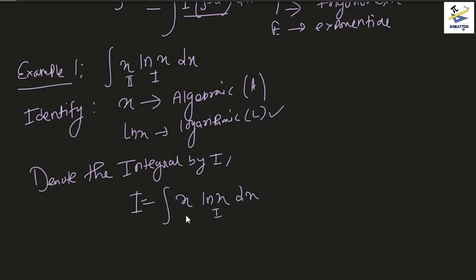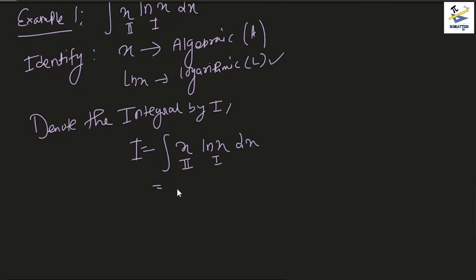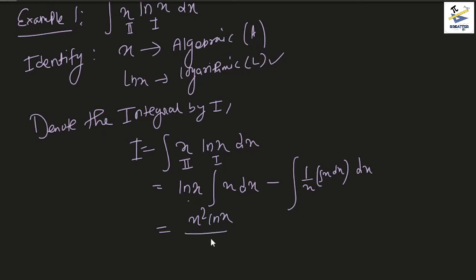Given that we are denoting log x as the first function and x as the second function, we should have first function into integral of second function, minus integral of derivative of first function, which is just 1 by x, into integral of second function, and the integral of the whole thing, right? So integral of x dx is just x square by 2, right? So it should be x square ln x by 2 minus, we have already found the derivative of log x, which is 1 by x, and again integral of x is x square by 2.